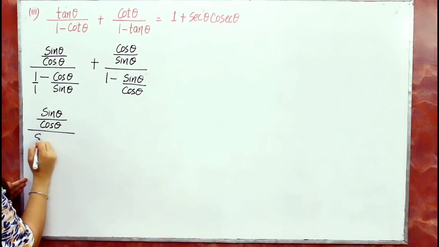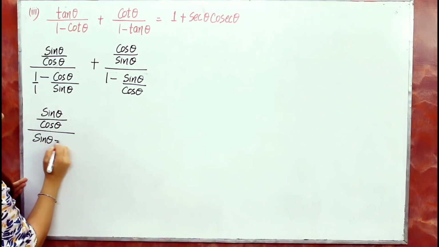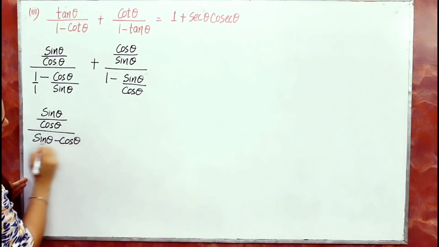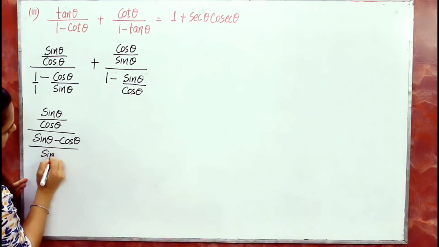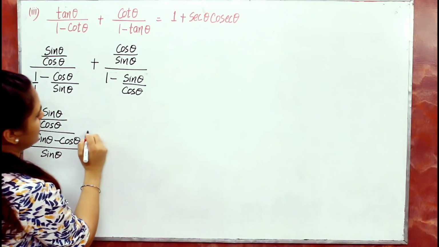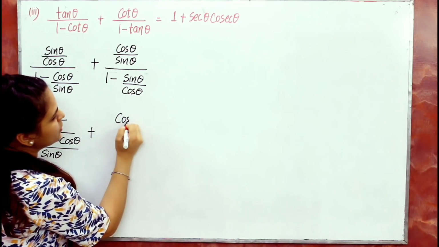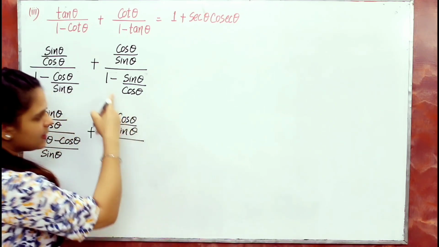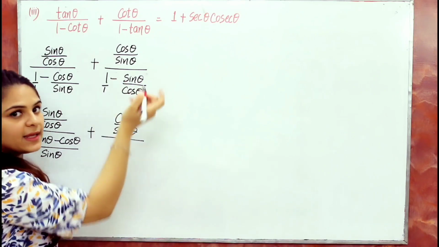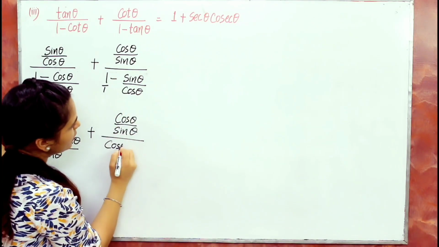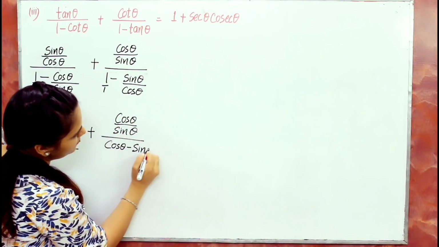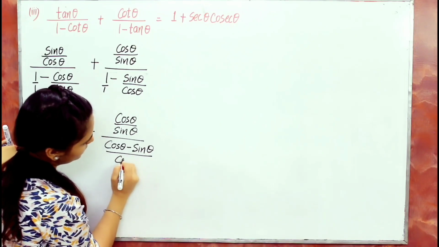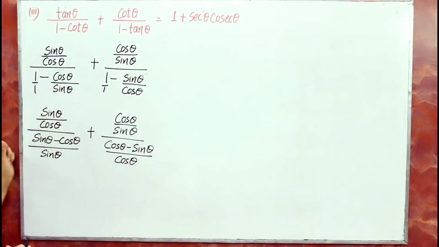By taking LCM, sin theta minus cos theta upon sin theta, and here also cos theta upon sin theta will remain the same. Here you will take the LCM. By taking LCM, we will write cos theta minus sin theta upon cos theta.